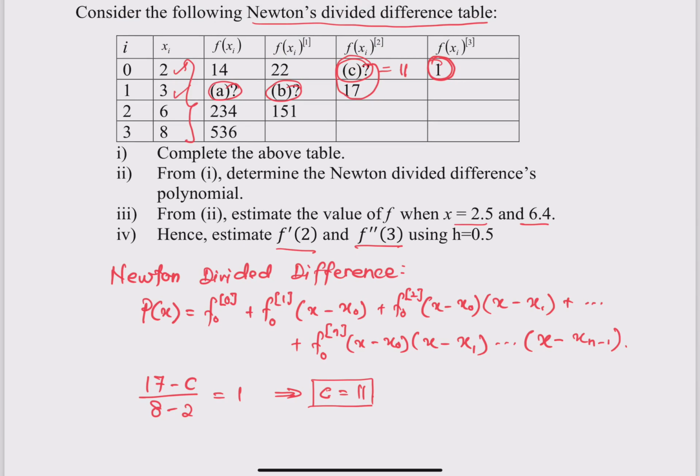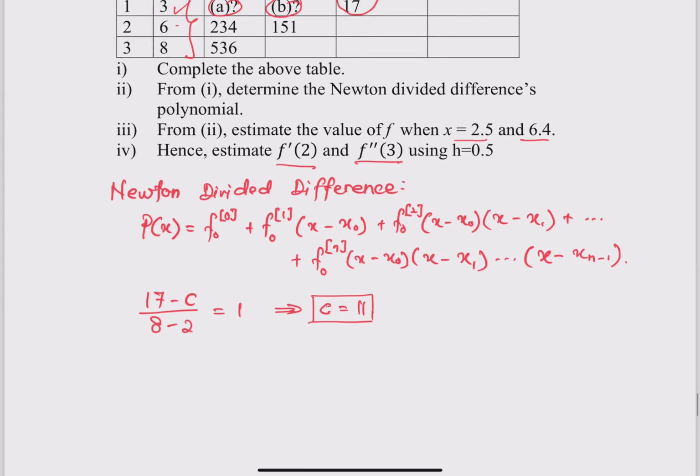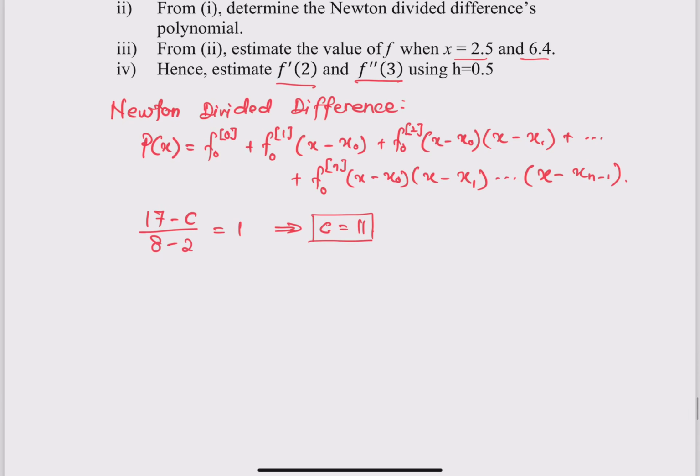And then after that, you can also get the value of B, when your C here is equal to 11, by using (B minus 22) divided by (6 minus 2) is equal to 11.